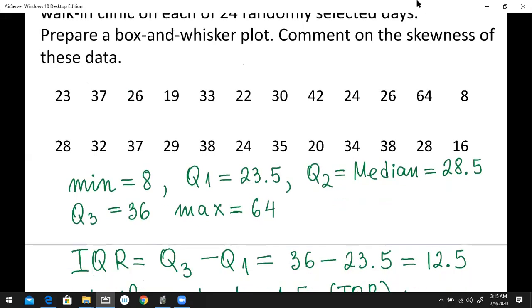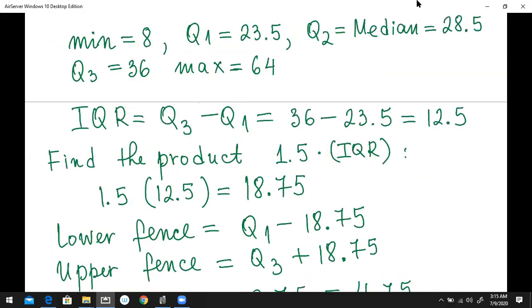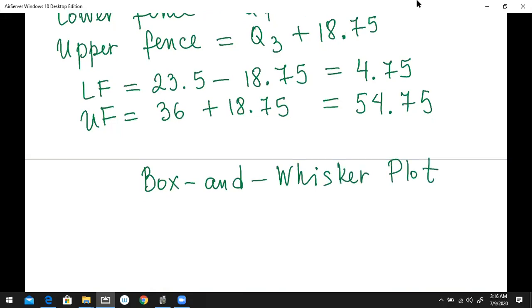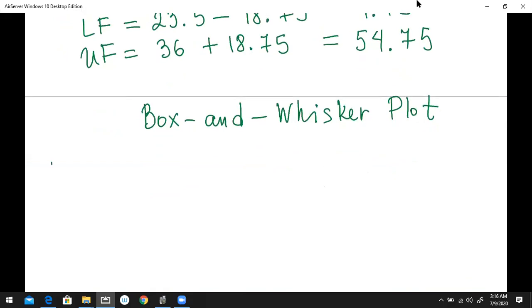Let me write what we're doing. We're doing the box and whisker plot. So we're starting with the minimum.